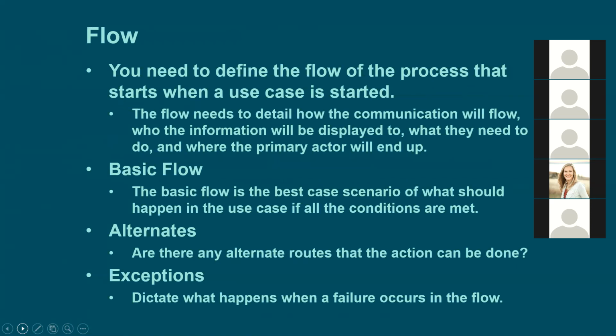That's what I would describe as the happy path that Brother Tuckett has talked about. It's the best case scenario of what should happen if all the conditions are met. Then there might be alternate routes to get through that process, and also exceptions that dictate what happens if a failure does occur in the flow somewhere.